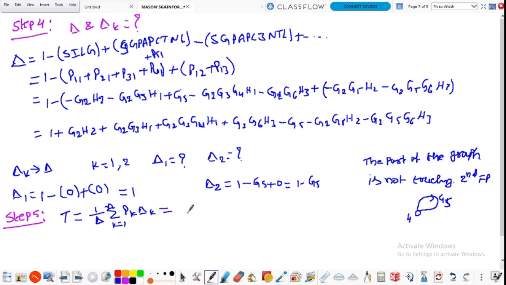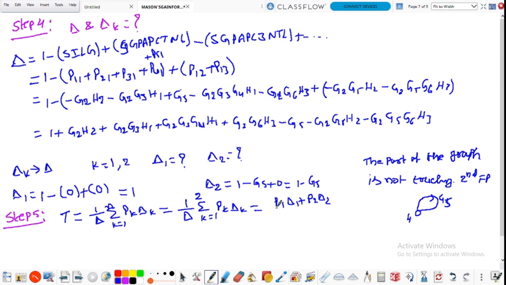In this example, there are two forward paths, so n is equal to 2. Substituting k equal to 1 and k equal to 2 in this expansion, we get p1 delta 1 plus p2 delta 2, divided by delta.